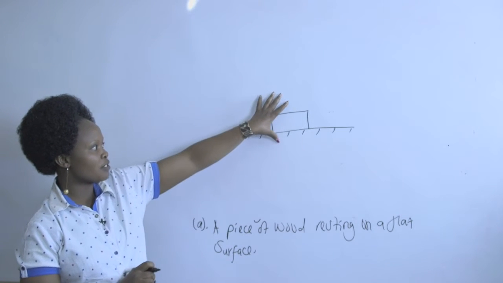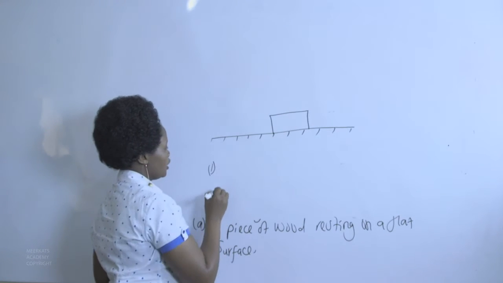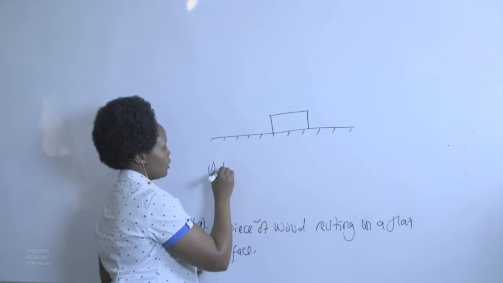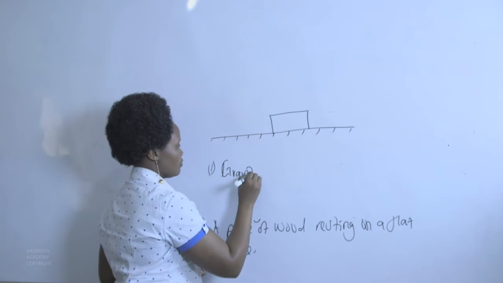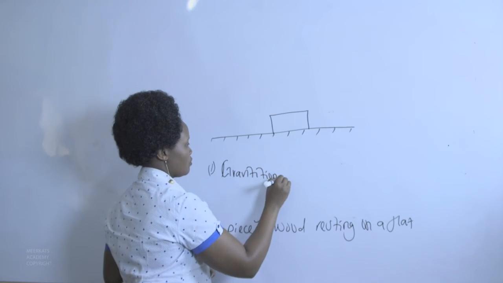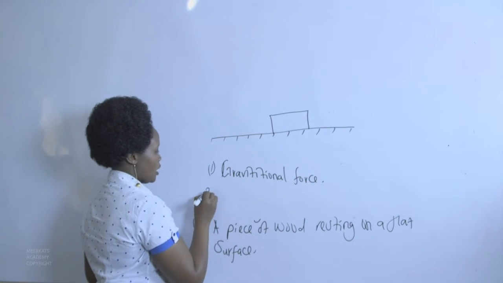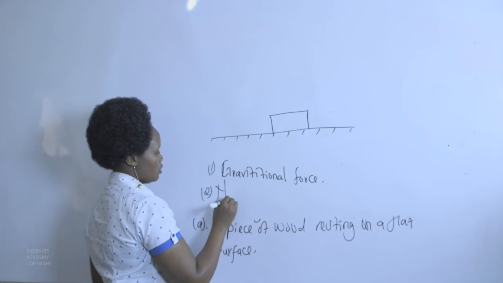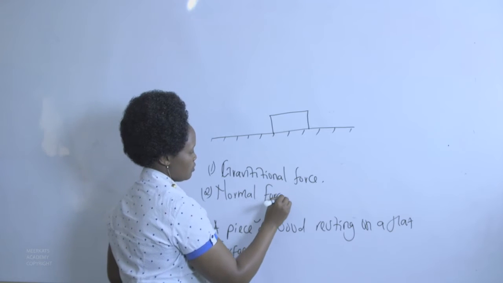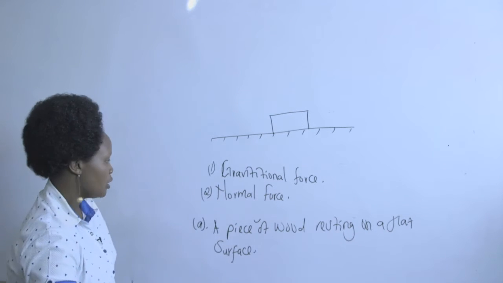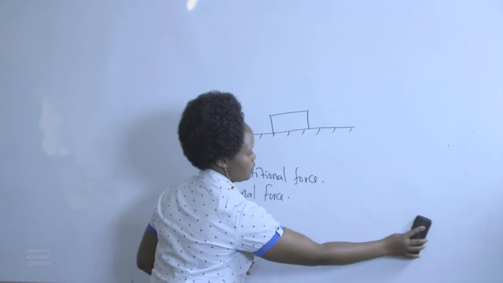Now, what are the forces that are acting on this piece of wood? Number one is what we call the gravitational force. And number two is what we call the normal force.